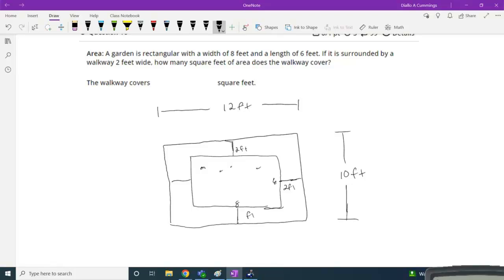I'm going to use some horizontal slices. I'm going to divide it here, and I'm going to divide it here.